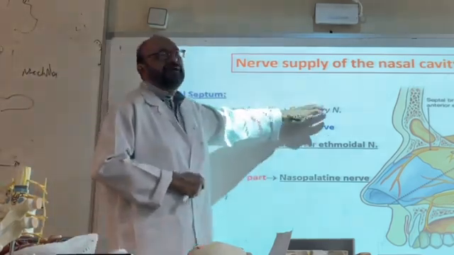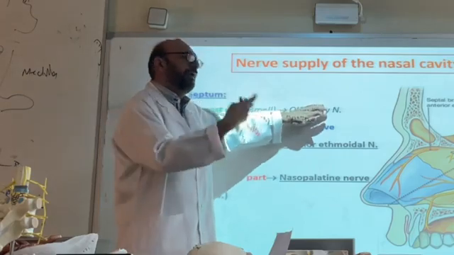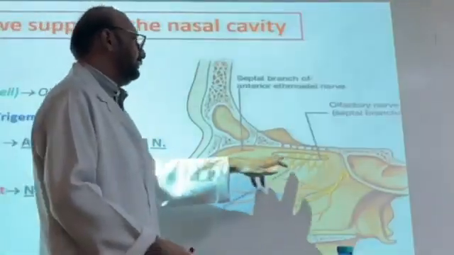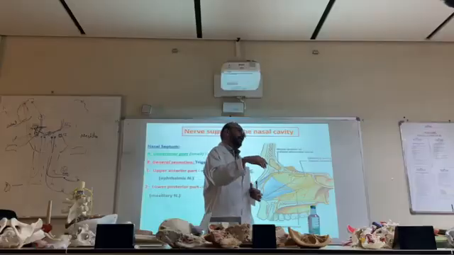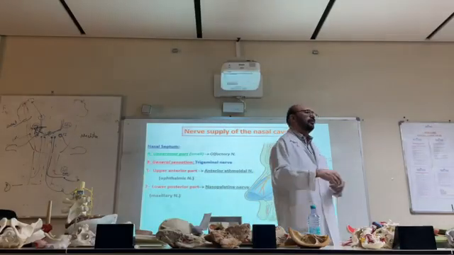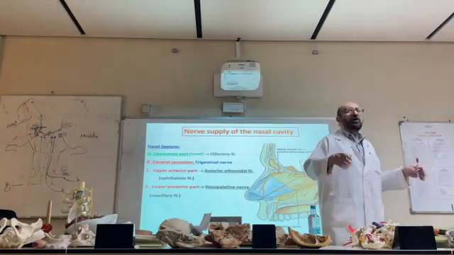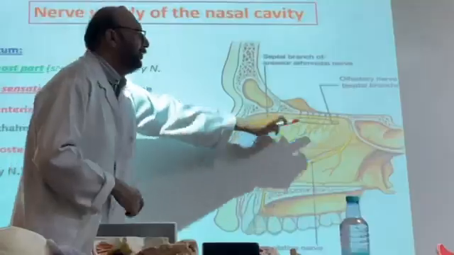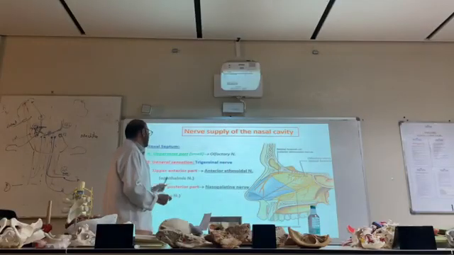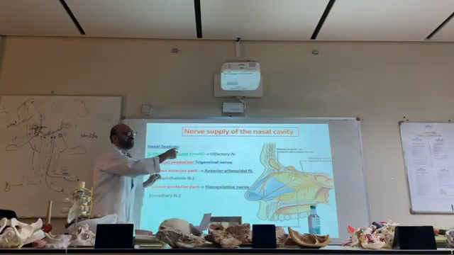In situations like COVID or other causes, old age, damage to the nasal mucosa, atrophy of the nasal mucosa, we can have a condition known as anosmia, no smell, or abnormal smell. So this is concerned with the uppermost part, which we call the olfactory part.